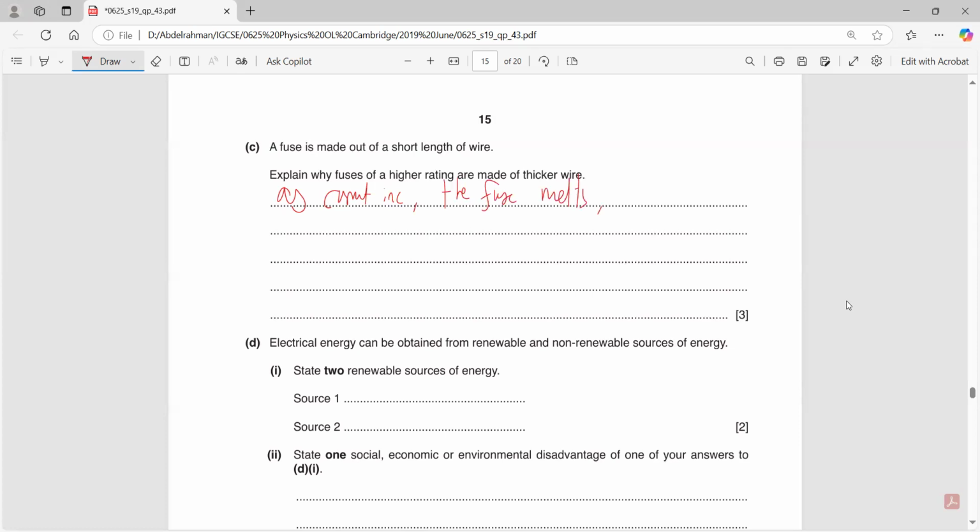You can state the equation, which is not power equals IV, but power equals I squared R. Why? Because we need to relate the resistance to the thicker wire. As the diameter increases, what happens to the resistance? You could say that the resistance decreases.